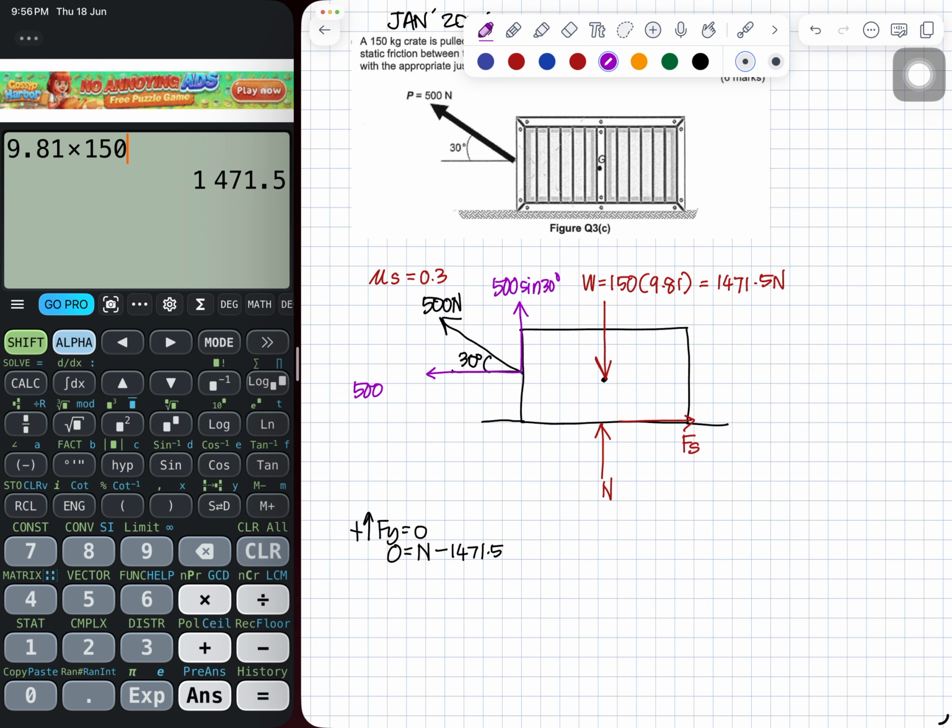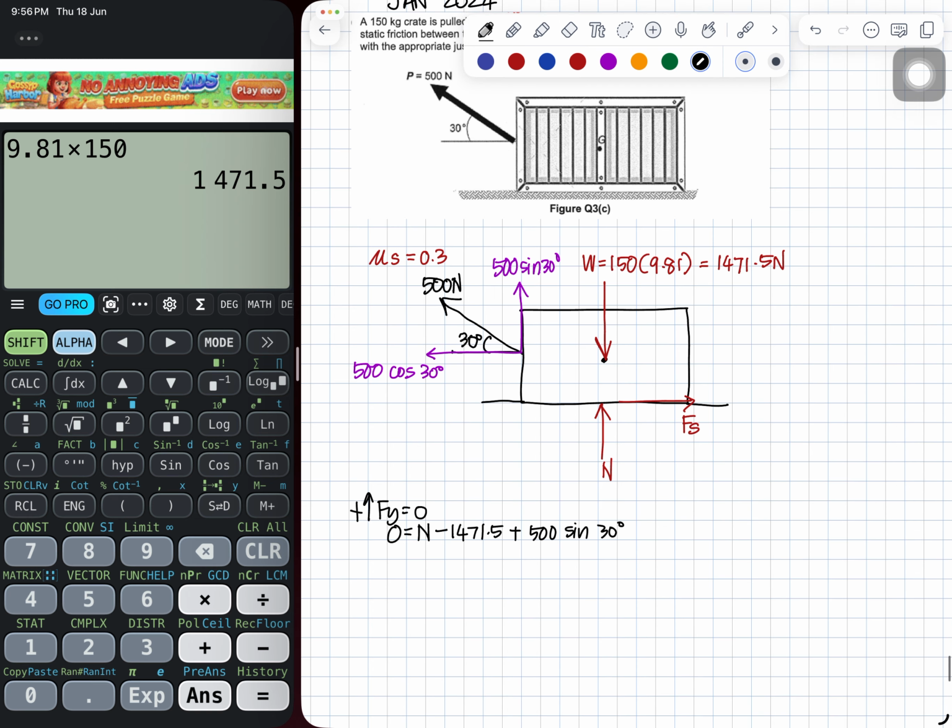Okay, so when you write the equations, you have to put it either positive or negative. So for Fx, 500 cos 30 degrees. Okay, so Fy, so plus 500 sine 30.